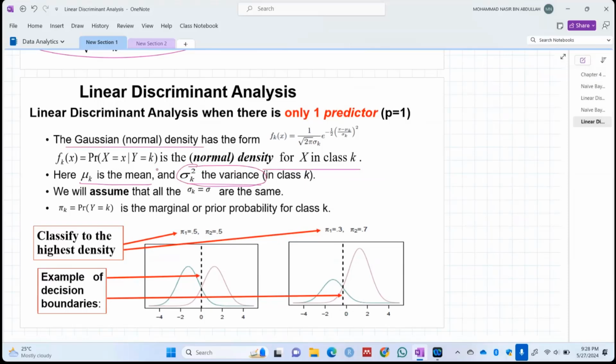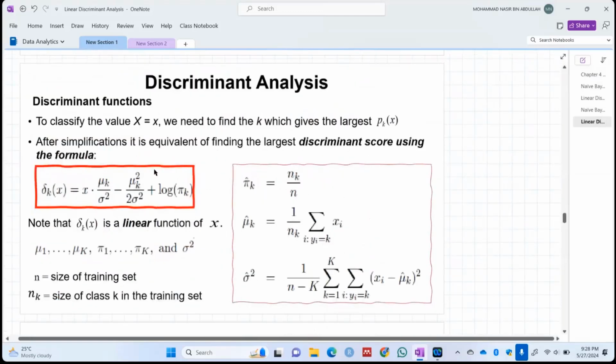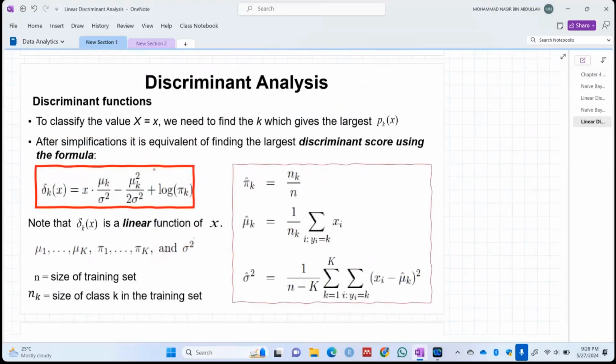We need to pool all the variance together. So this is the formula. I have a note to prove this, but I'm not going to prove it in this class. Maybe later I will post a video on how to derive this formula from Bayes theorem.